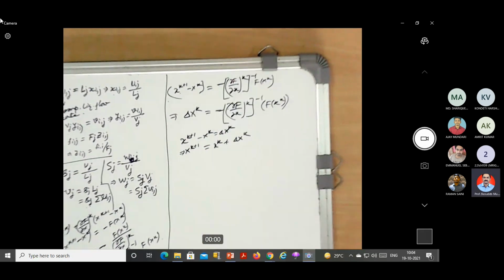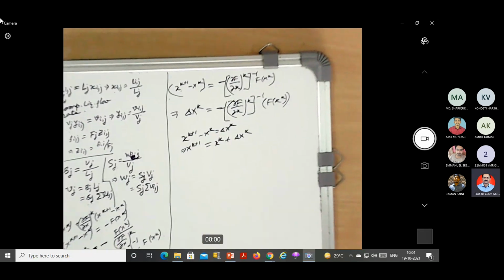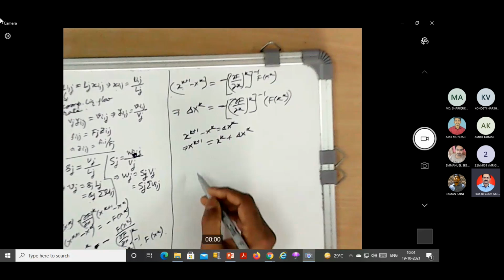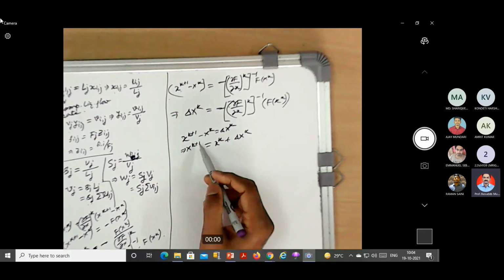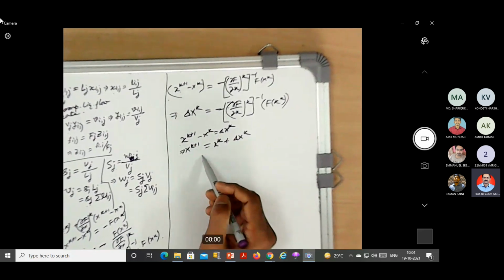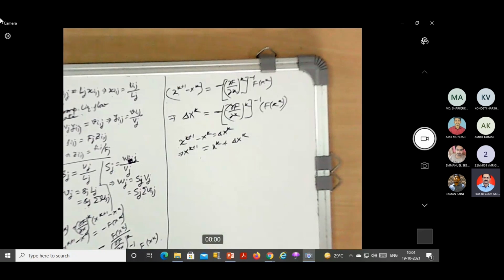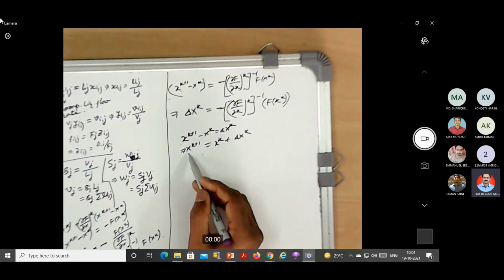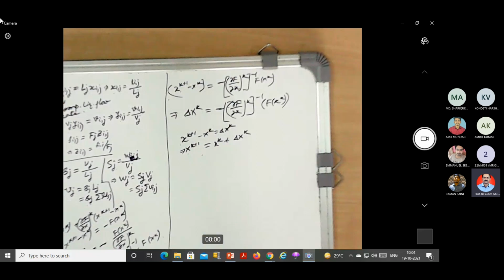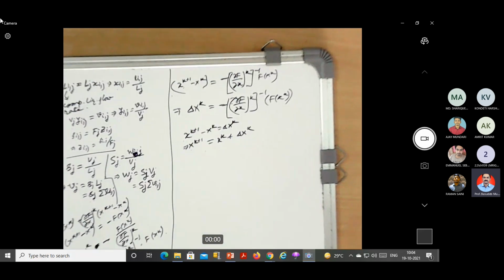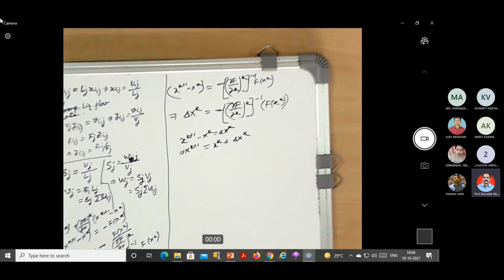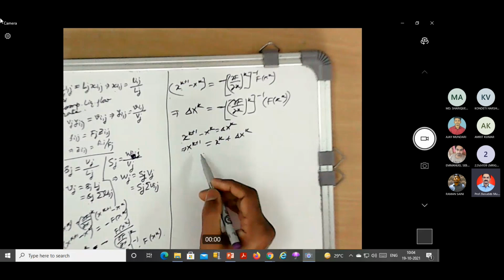Right? So when you do the iterative process, from the first iteration we get some modified value of xk from this equation. Then we check the convergence condition. If it is not satisfied, we substitute back this value and reiterate the calculation, and you get the modified value of xk plus 1.